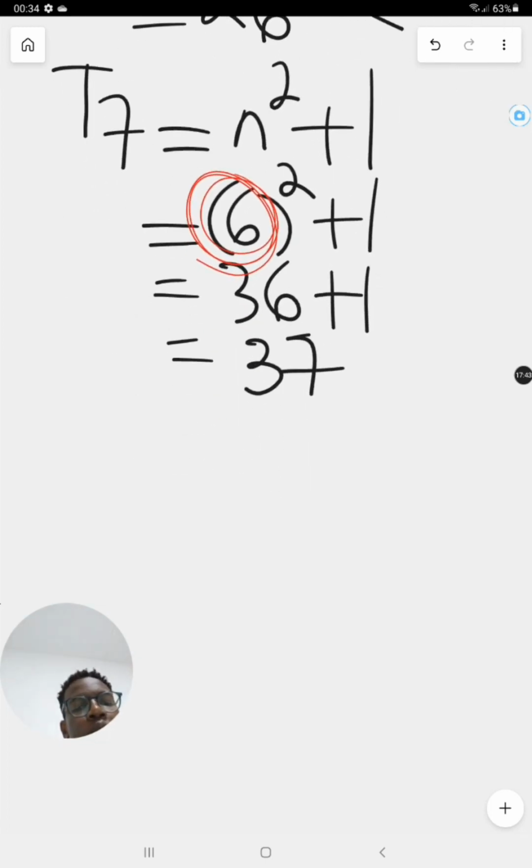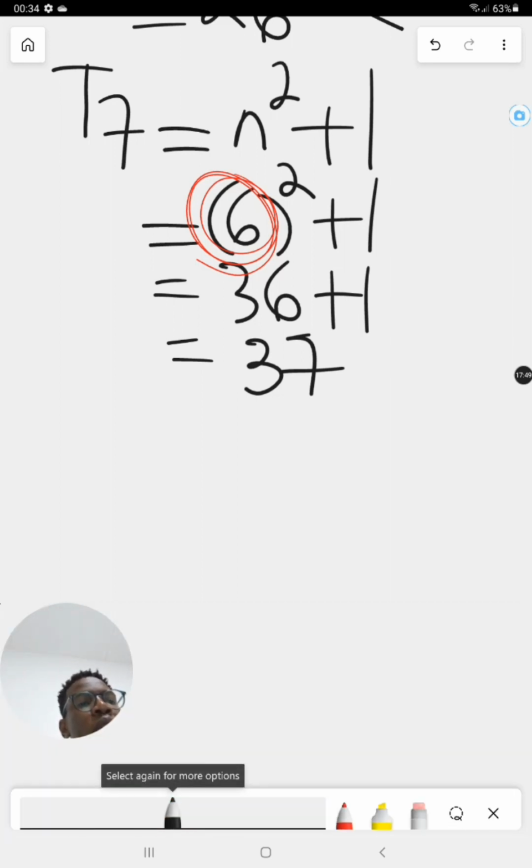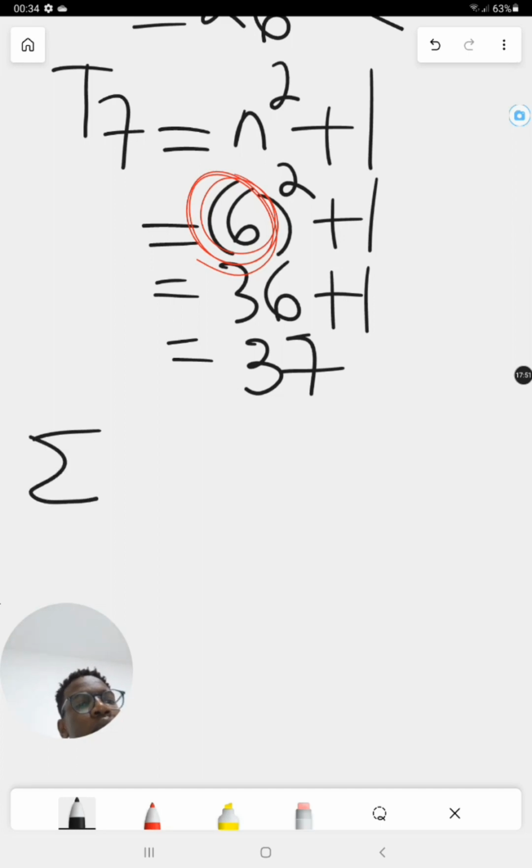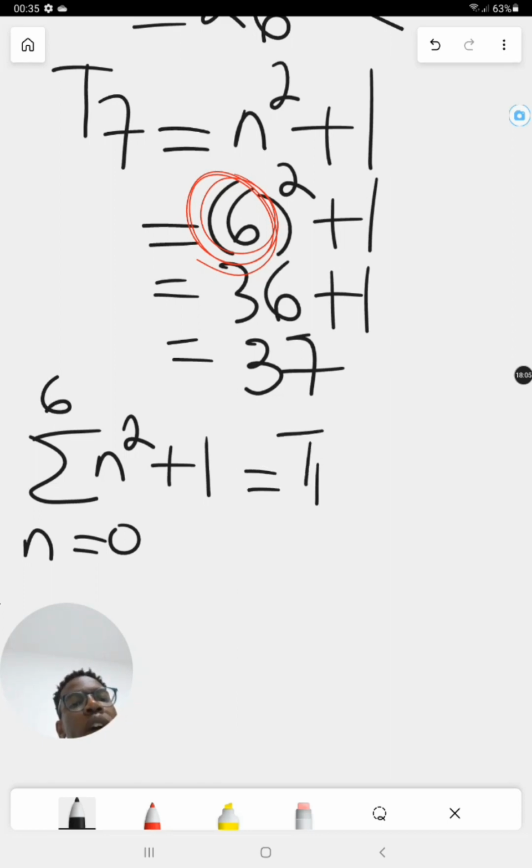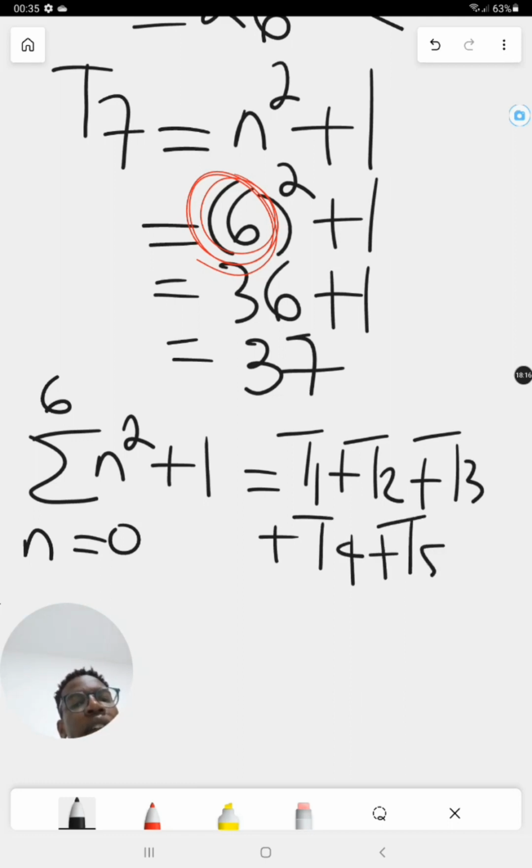Okay, so now we just add them all up, and we get to actually answer the question. So the sigma of n squared plus 1, where n is equal to 0 and stops at 6, is equal to T1 plus T2 plus T3 plus T4 plus T5 plus T6 plus T7.